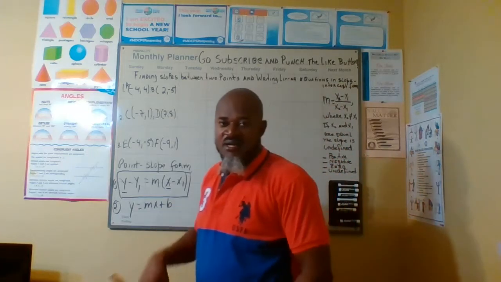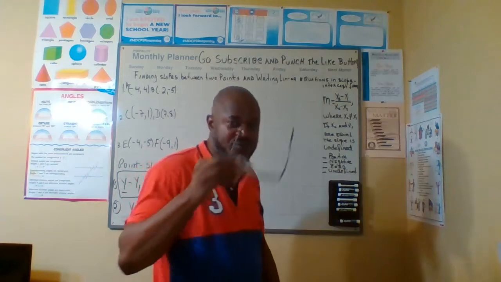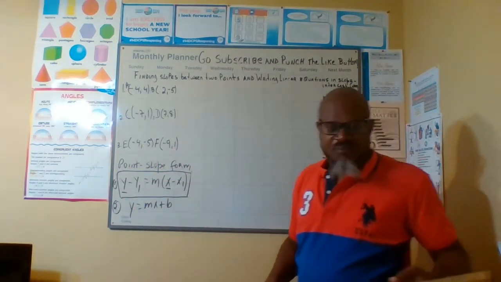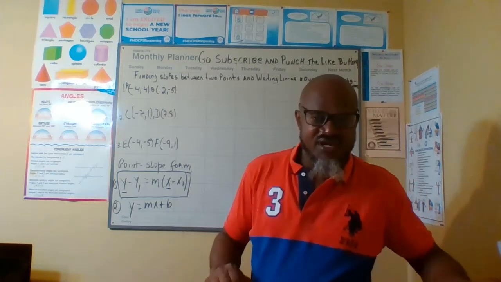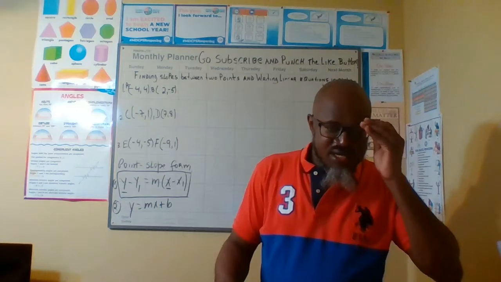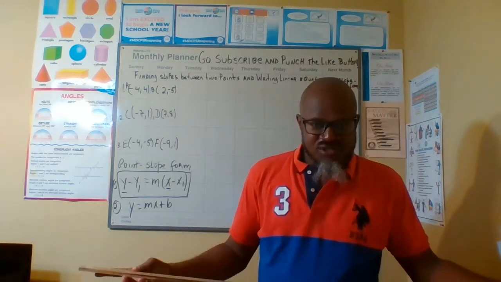Remember earlier we talked about slope, and there are 4 things that can happen to your slope. Either your slope can be positive or negative. When it's positive it goes up, when it's negative it goes down. And the other two extremes, your slope can be 0.